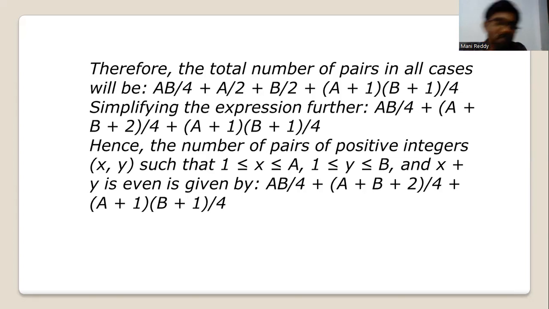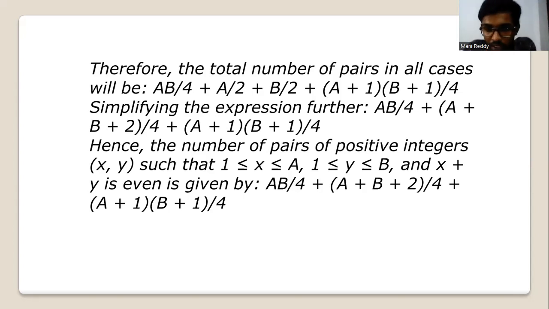It's very lengthy, so we try to simplify the expression: ab by 4 plus (a plus b) by 2, that is a plus b plus 2 by 4, plus (a plus 1) into (b plus 1) by 4.